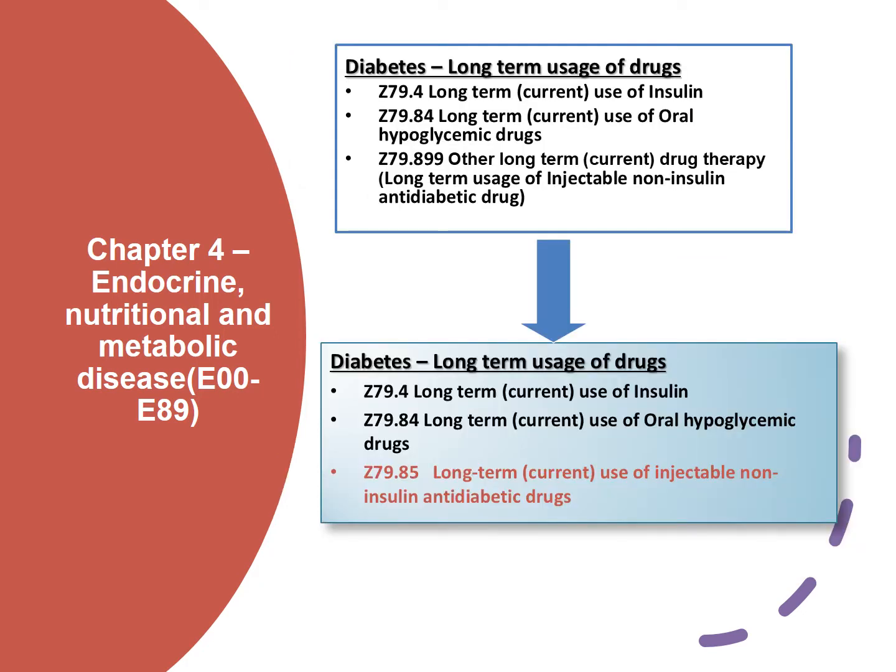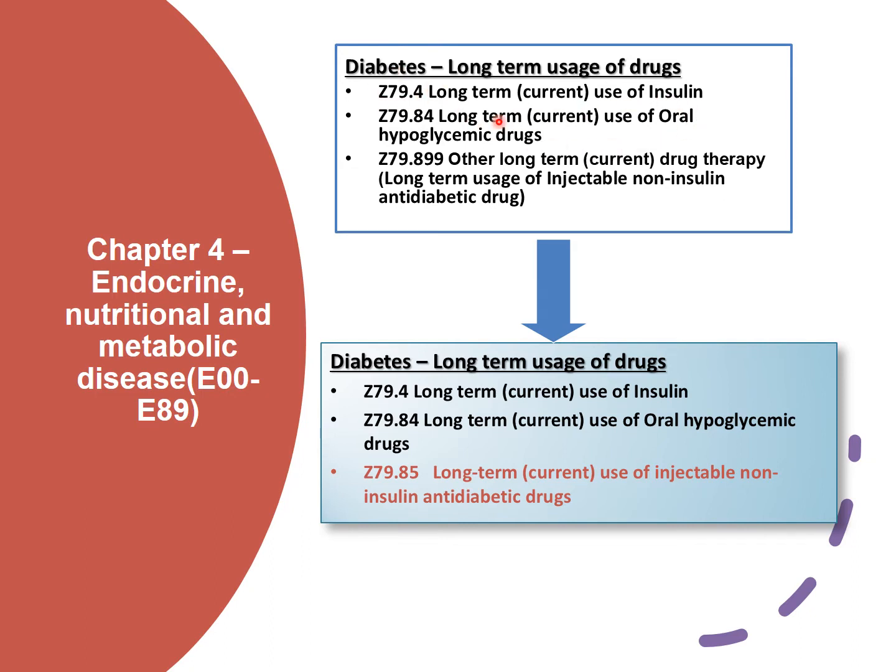Coming to the long-term use of drugs. Whenever the patient has type 2 diabetes and has been treated with drugs for the long term, we report them with additional G codes. For long-term use of insulin, the code is G79.4.